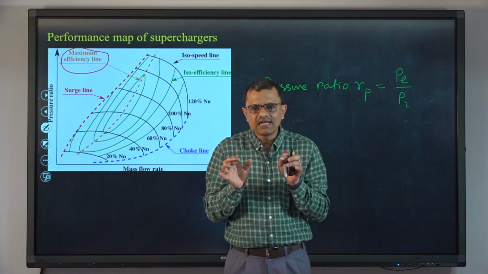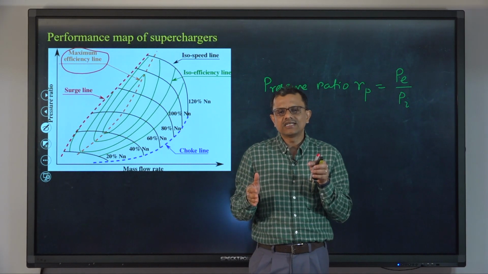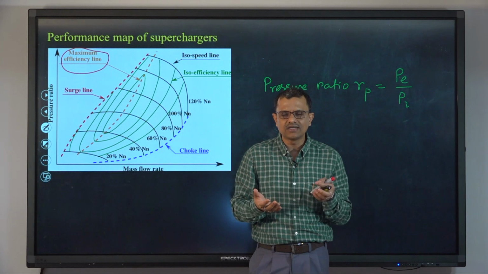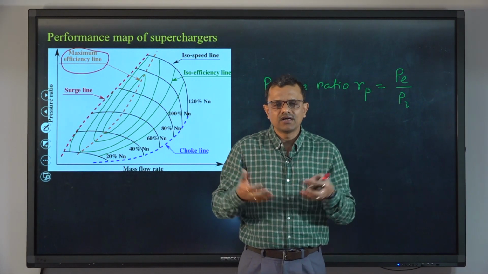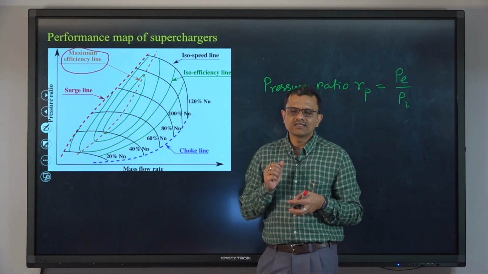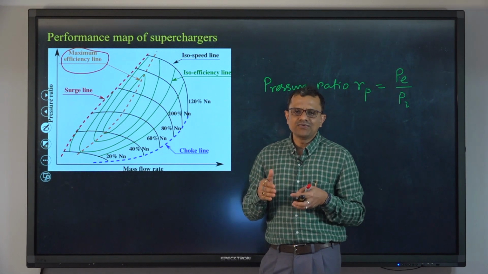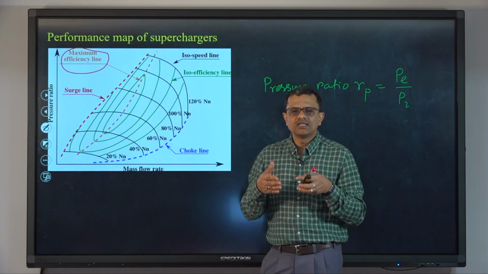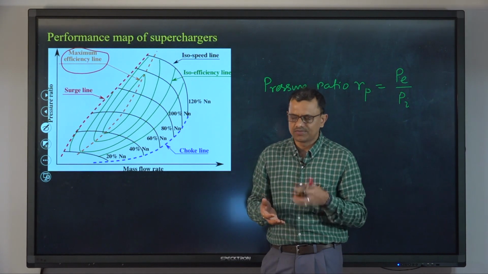If we create an even further drop in pressure at the exit of the nozzle, that information will not be sensed by the nozzle inlet to increase the mass flow rate, because the sonic state will be achieved. So, there is a threshold value of pressure ratio or exit pressure, and if we reduce exit pressure beyond that threshold value, there will be no change in mass flow rate through the nozzle, and the nozzle is said to be choked.